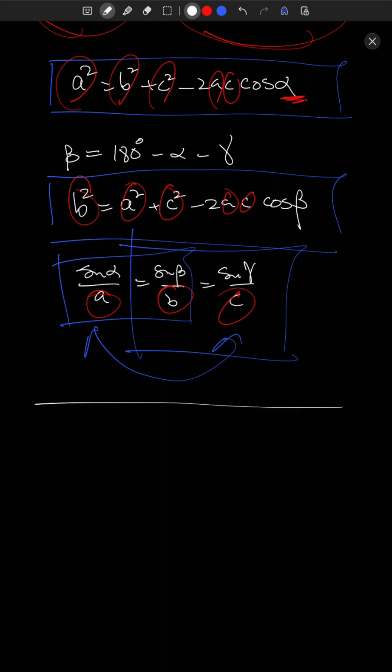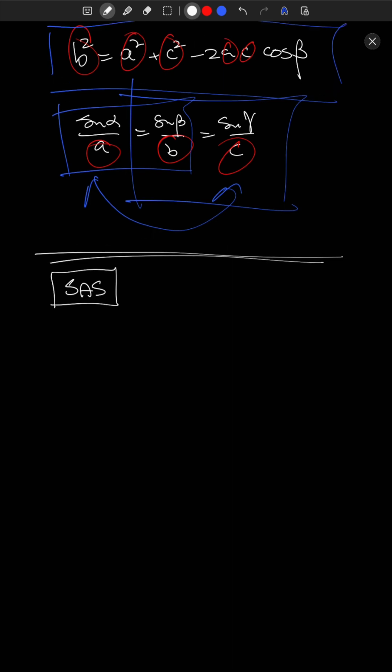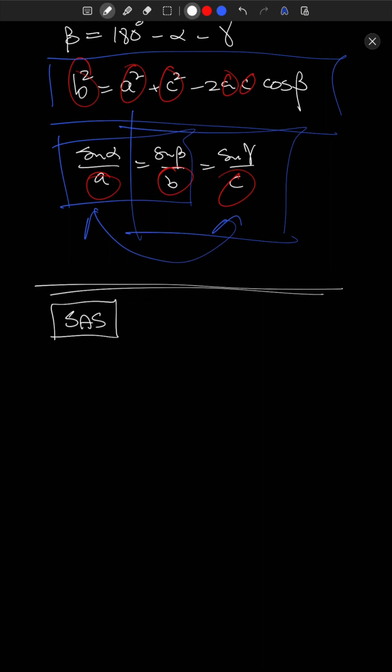Okay, now for SAS. That's the last one, right? So that's the last situation that once we've dealt with this, we can solve any triangle, right? Provided you give me 3 bits of information. And provided it's not AAA, of course. And of course, with the caveat that you can have situations where there's no solutions, right?